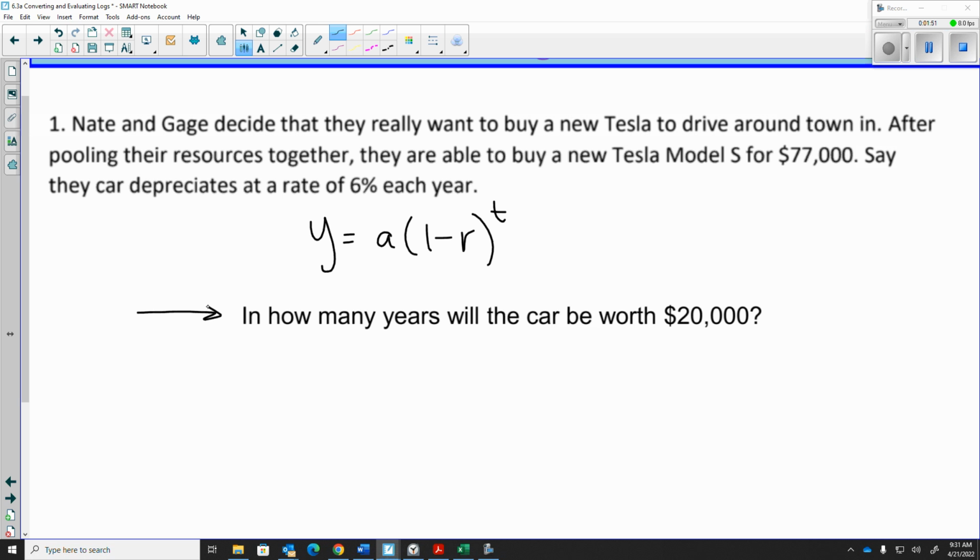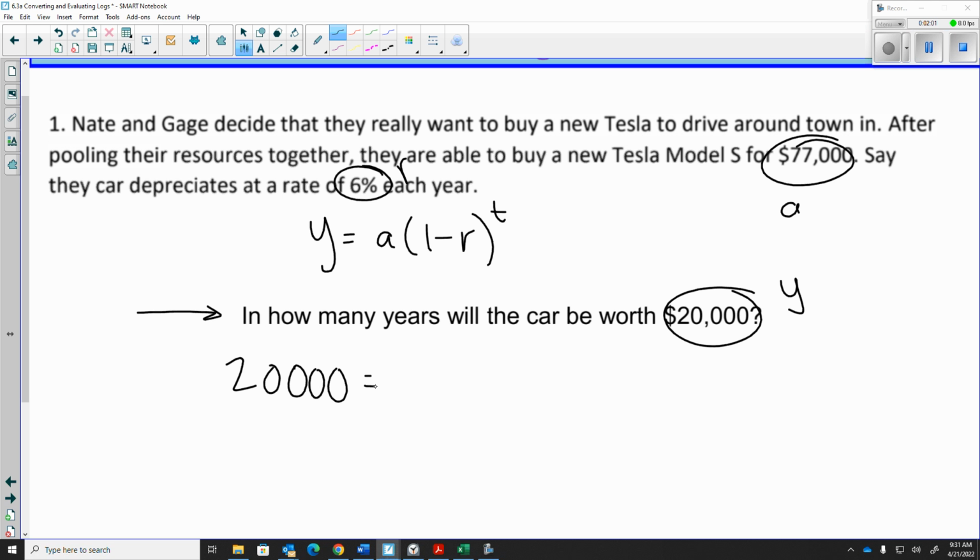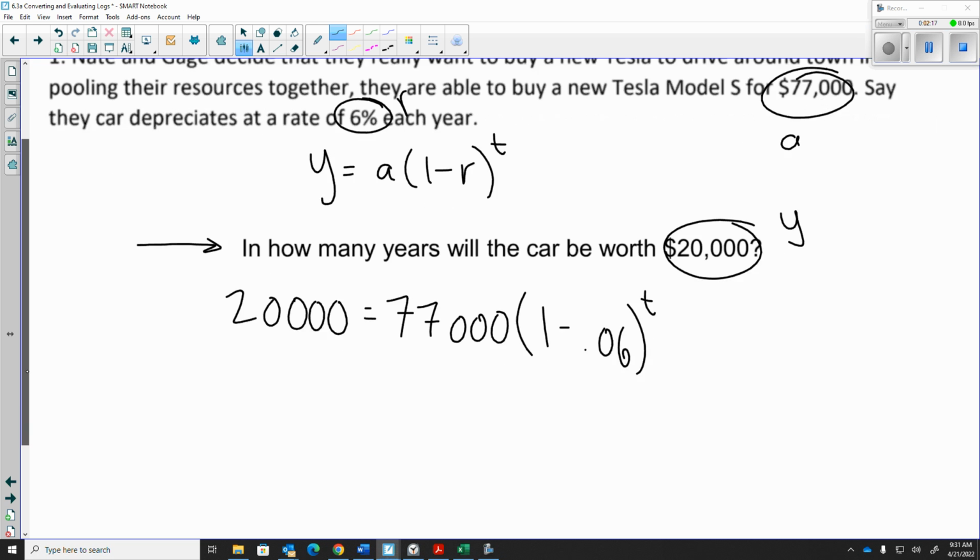So here's A, here's Y, and here's R. So I have 20,000 equals 77,000 times 1 minus, rate got turned into a decimal, right? So what's the decimal going to be? 0.06 to the T.